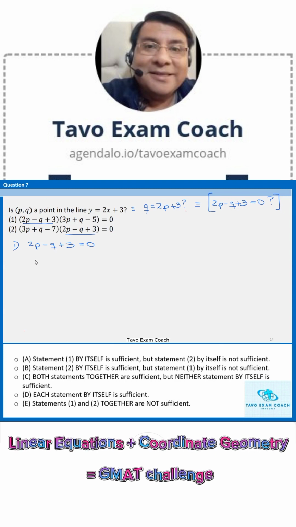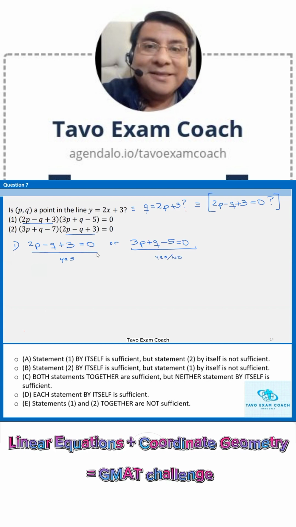Either 2p minus q plus 3 equals 0, or perhaps 3p plus q minus 5 equals 0, or perhaps both factors can be 0. If this possibility is verified true, this yields an affirmative answer to our question. But in this case, you can have a yes or a no for an answer.